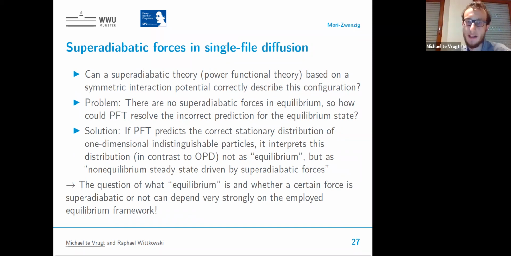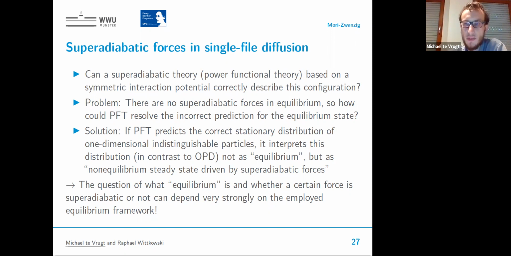On the one hand, you can say, of course, PFT has to give the correct description because it's an exact theory. On the other hand, you could say, of course, the problem was that DDFT without this asymmetric interaction potential has the incorrect equilibrium limit. And in the equilibrium limit, there is no difference between PFT and DDFT. So how can PFT solve this issue?